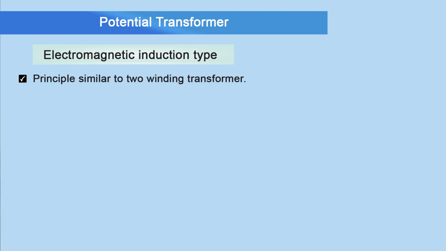Now as we have discussed the types of current transformers, we have three types of potential transformers also. The first one is the electromagnetic induction type. The principle of this type is similar to a two winding transformer, so it works in a similar mode as a two winding transformer.